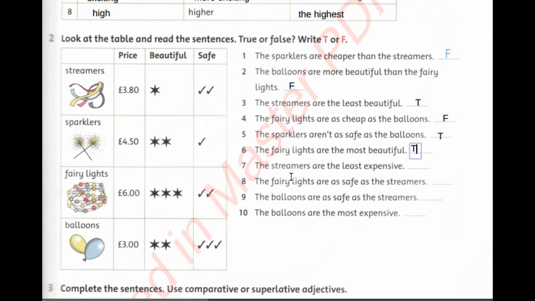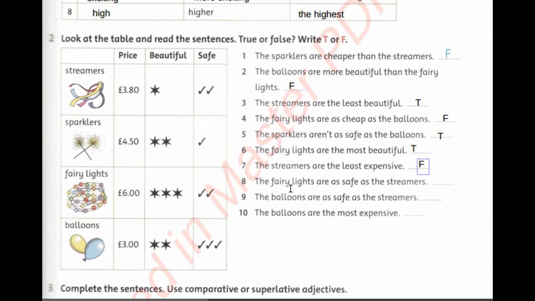Number 7, the streamers are the least expensive. The streamers we have here 4.50, but here is something cheaper, so this also is false. Number 8, the fairy lights are as safe as the streamers.